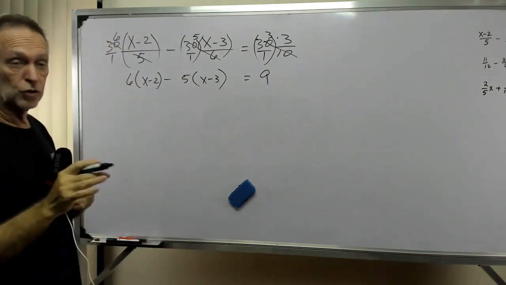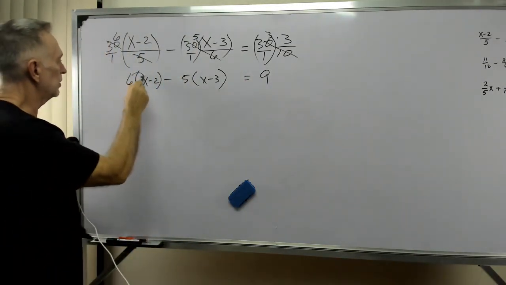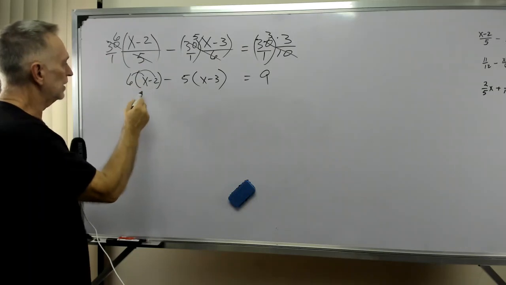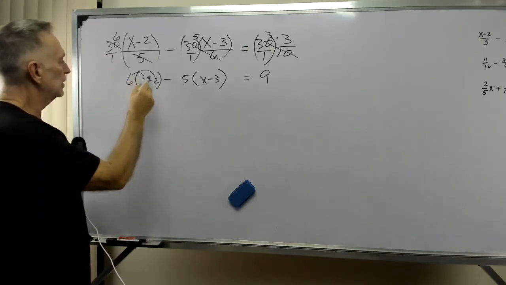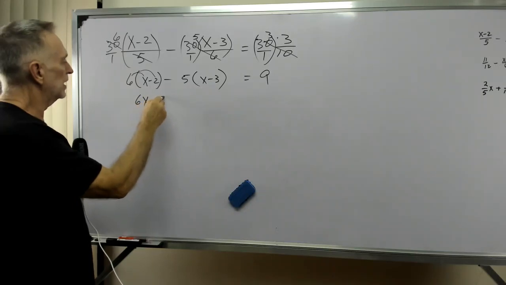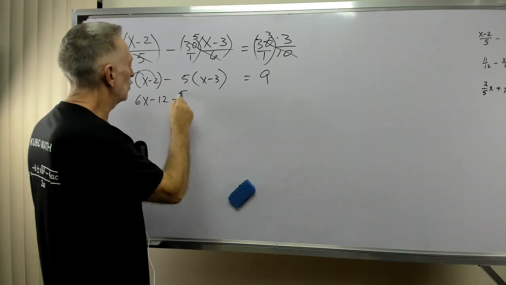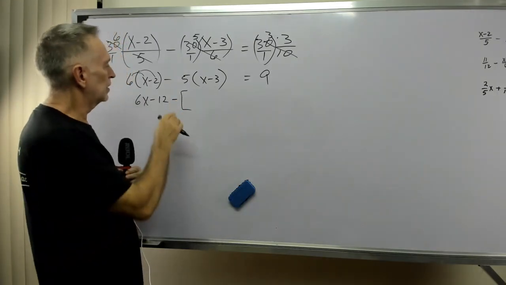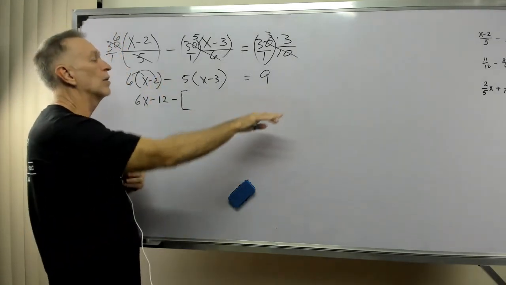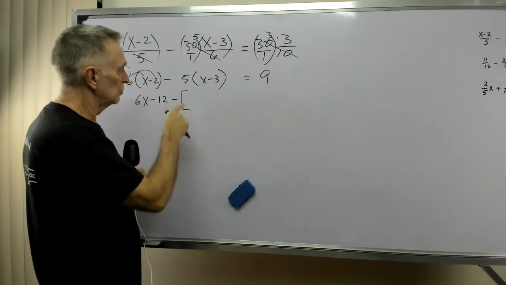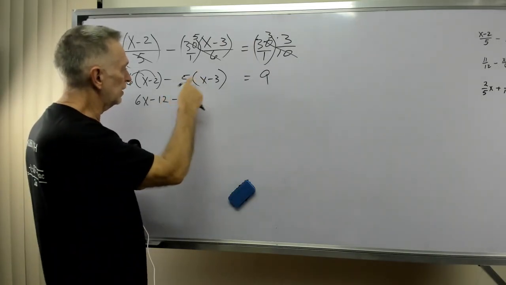Now I need to use the distributive rule and distribute the 6 to the inside. 6 times x, 6x. 6 times a negative 2 is a negative 12. Minus, okay, I'm going to put a parentheses here because this is minus all of this stuff. So I don't want to lose this negative getting distributed.